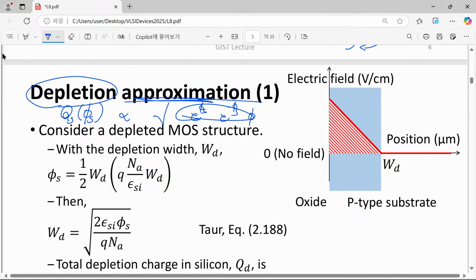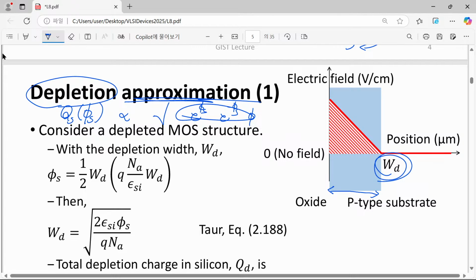I will assume that there exists a certain depletion width, and in this depletion layer we have a completely depleted interface region.